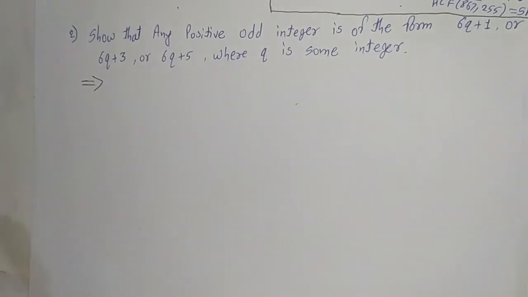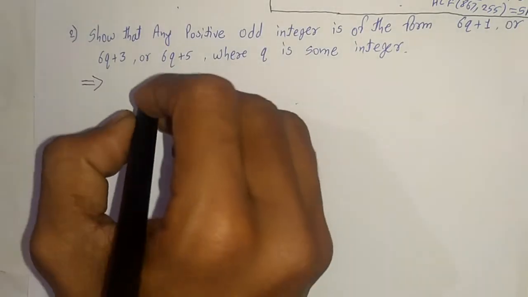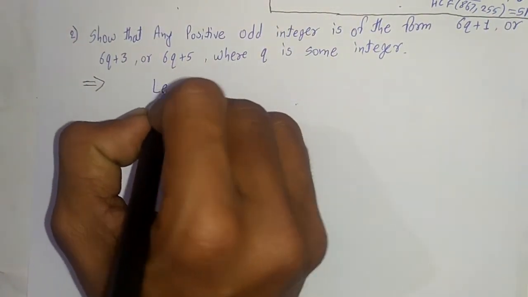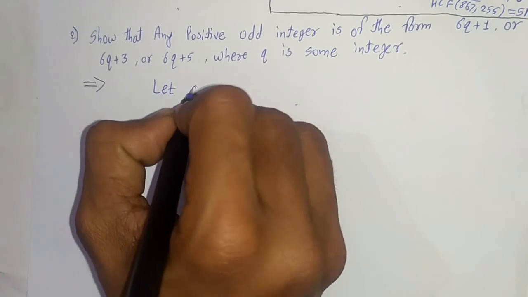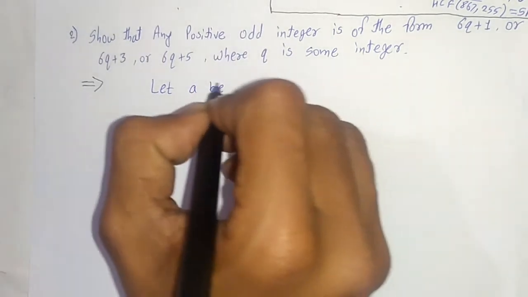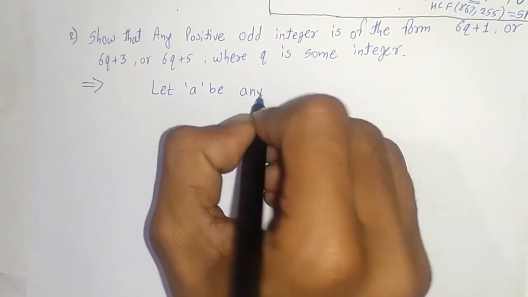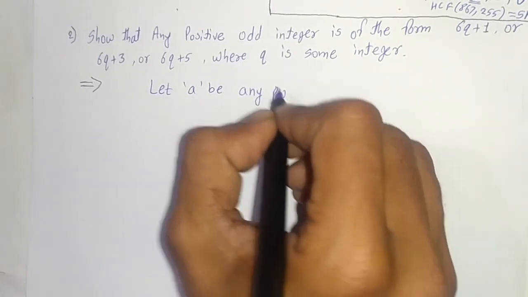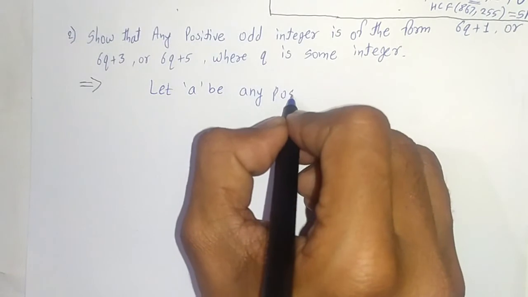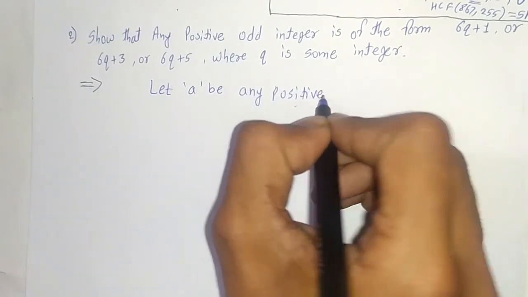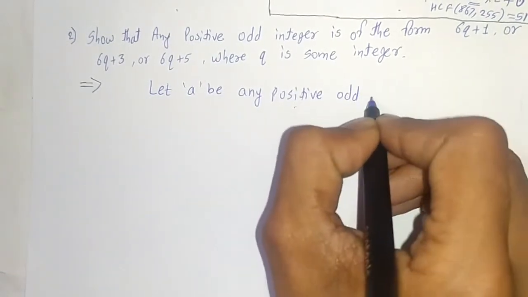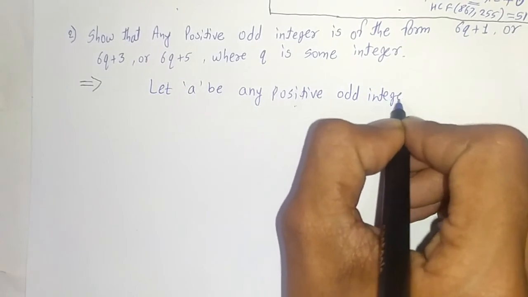What we have done in previous examples is to assume some number as any positive odd integer. Let a be any positive odd integer.